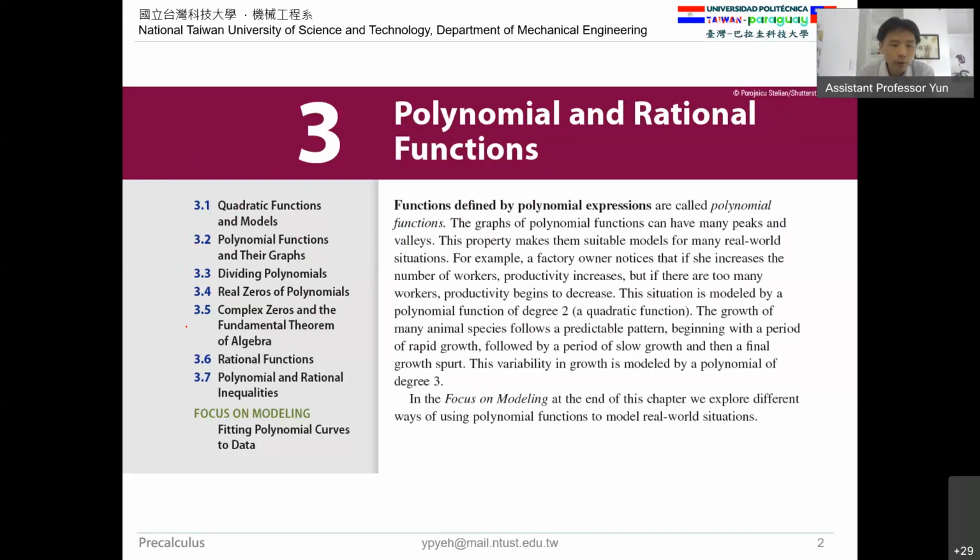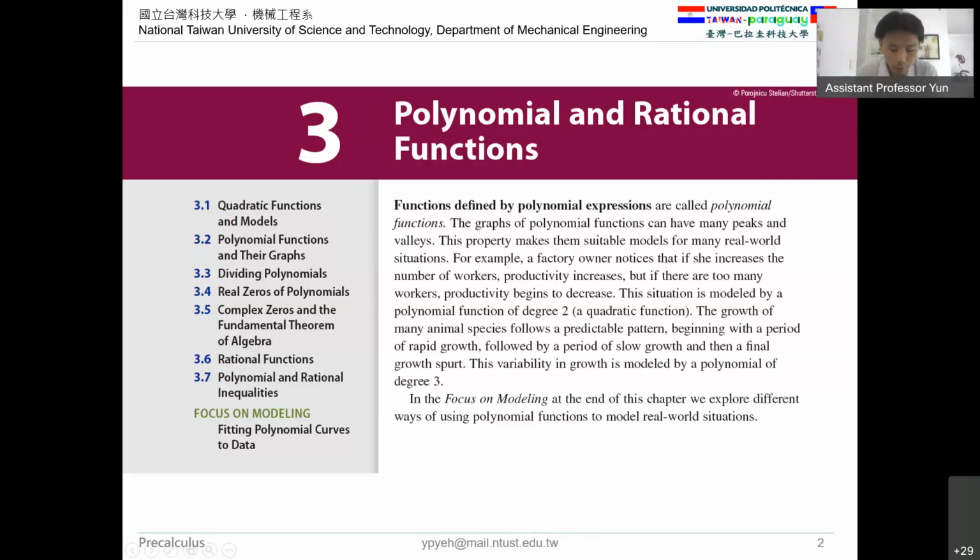And today we will continue our lectures on the rational functions, which we know how to graph, and some of the operations with the rational functions we need to be careful with, the graphs of these rational functions.